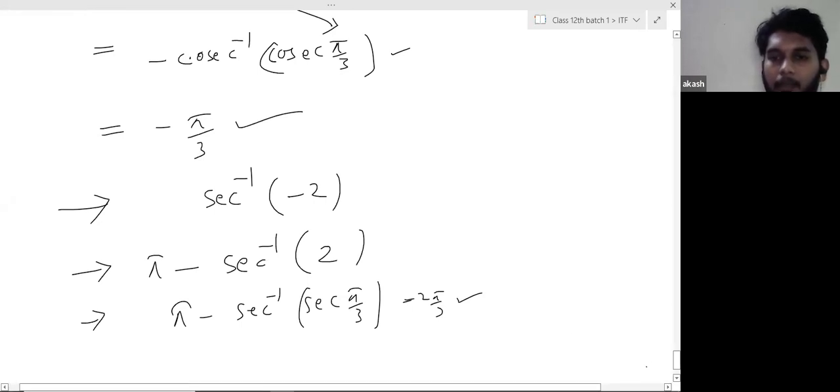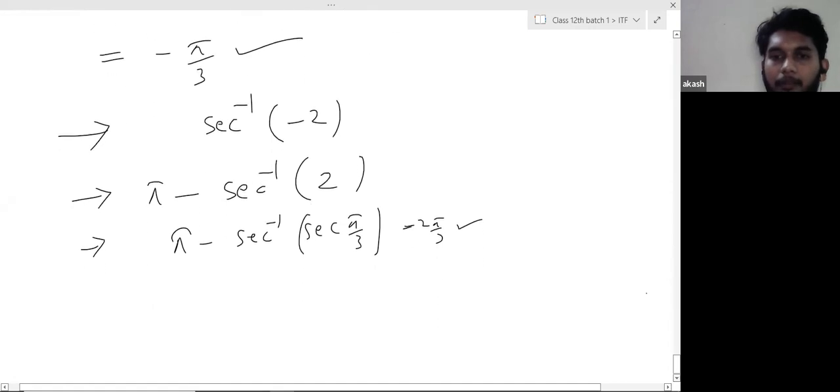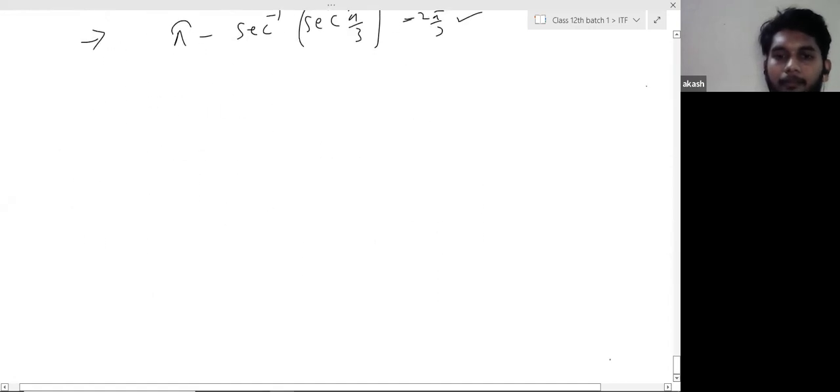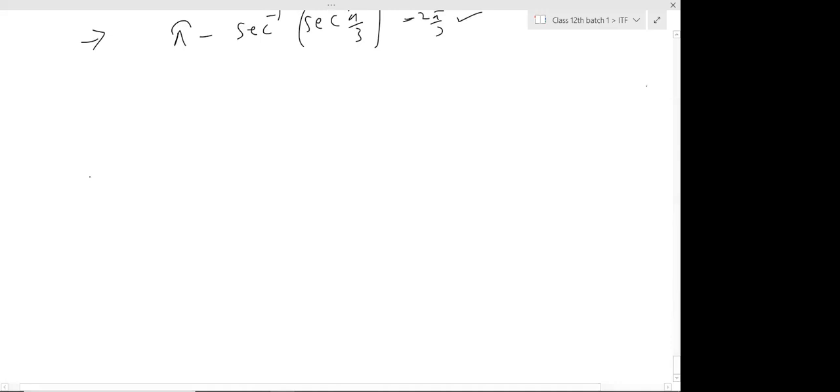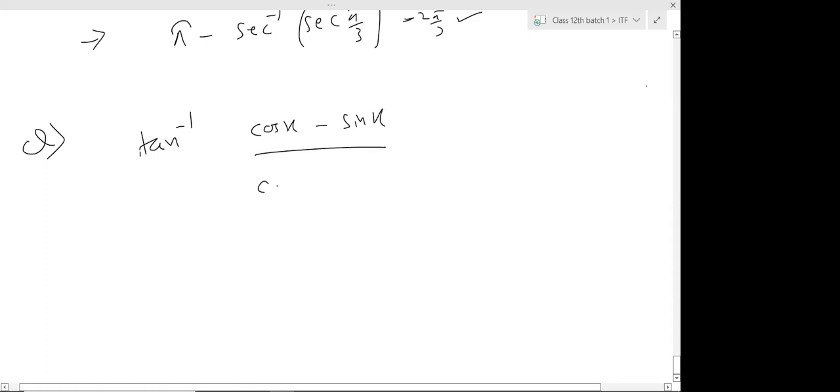All right. Let's solve another question. Tan inverse of cos x minus sin x upon cos x plus sin x, where minus pi by 4 is less than x less than pi by 4.